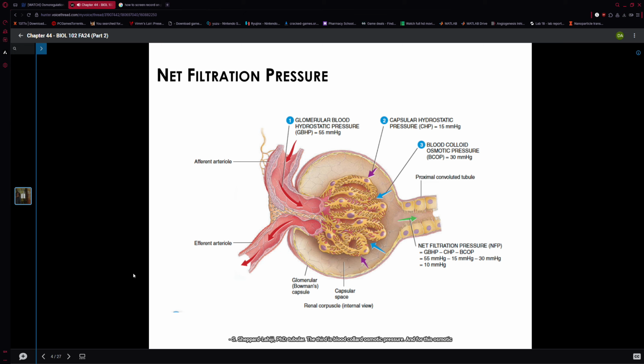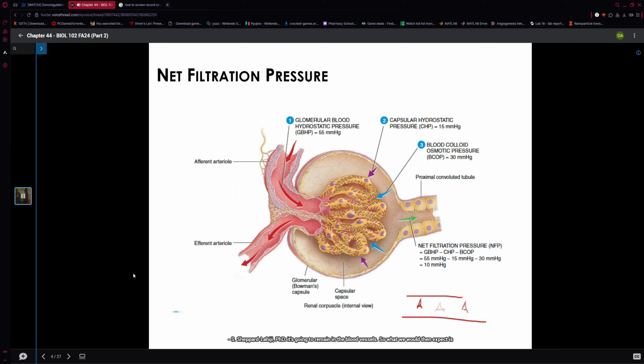The third is blood colloid osmotic pressure. This osmotic pressure is created mostly by albumin, and it is going to oppose filtration by pulling water back into the glomerular capillaries. If I let the letter A be albumin, then we have a bunch of that within these blood vessels. Because of the restrictions based on size, it's going to remain in the blood vessels.